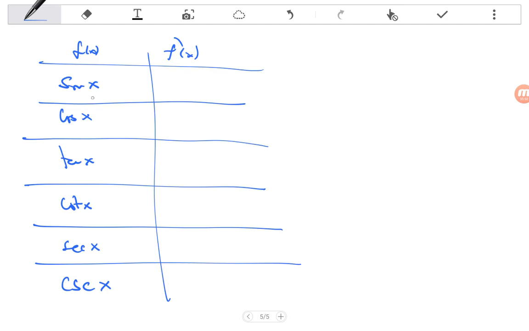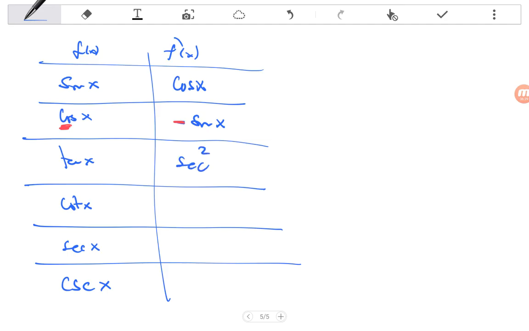What is the derivative of sine? It is cosine. What is the derivative of cosine? It is negative sine. Okay? So we note that whenever you are differentiating a function with a co, you will put a negative sign in the derivative. Okay? So let's continue. Tan x, what is the derivative of tan x?